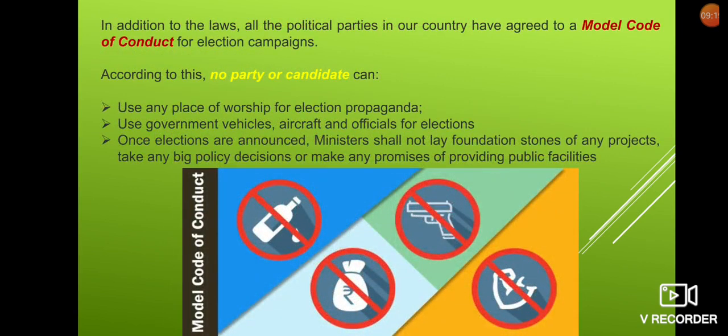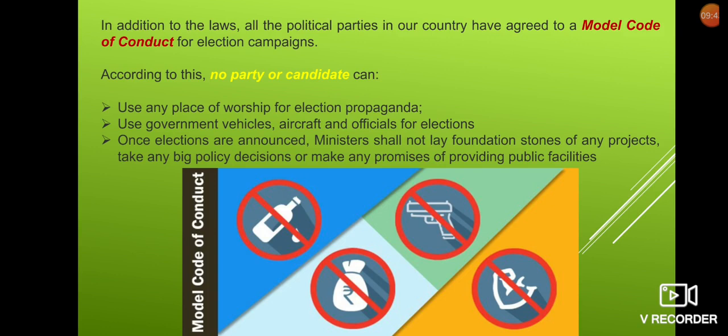Besides the election laws, there is also a model code of conduct which has to be followed by the various political parties for election campaigns. According to this, no party or candidate can use any place of worship for election propaganda.